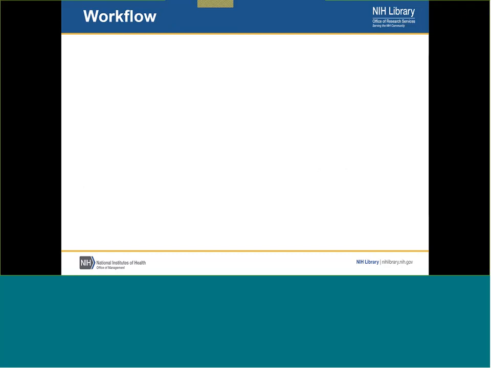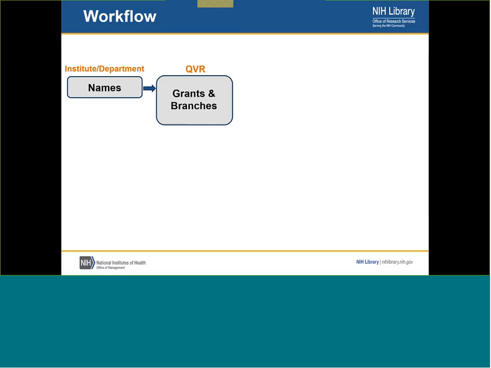So I think it would be a good time for me to share with you the workflow that I usually have. Usually I will get some sort of names, usually maybe PI names, or particular department, office, lab, or program names from an IC.